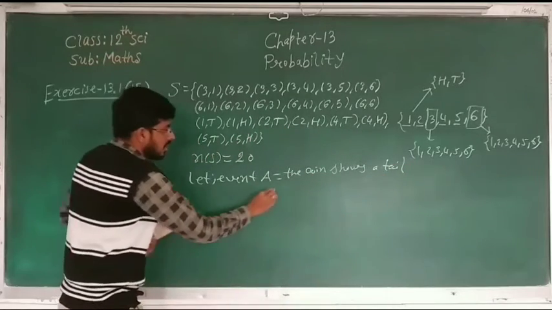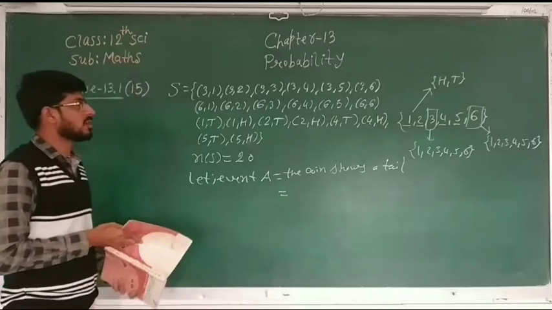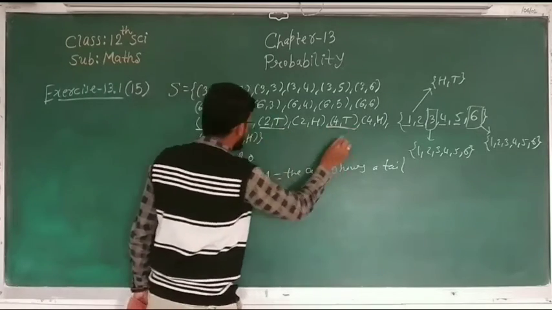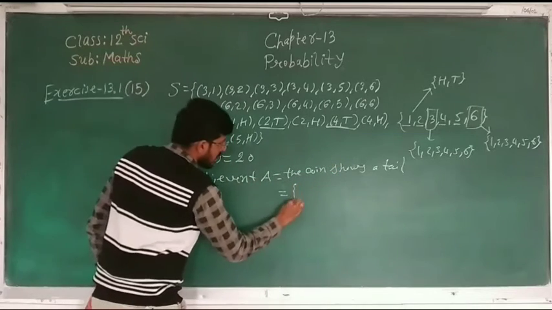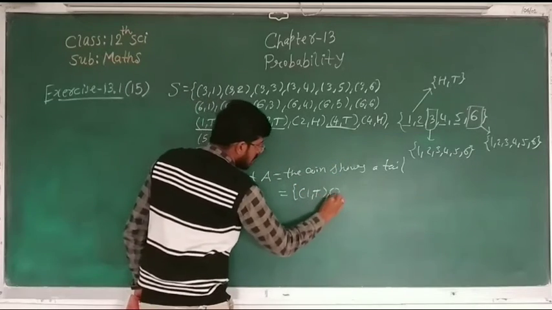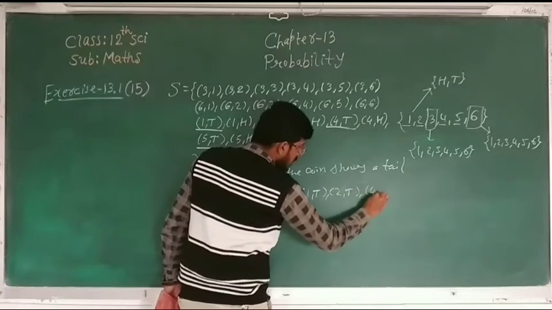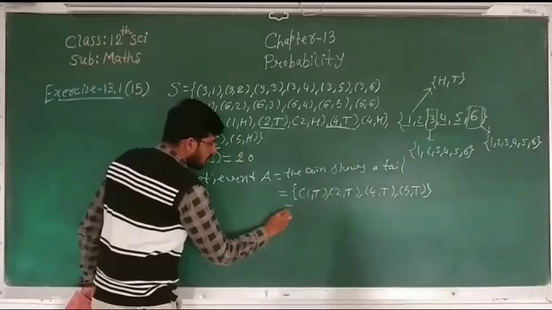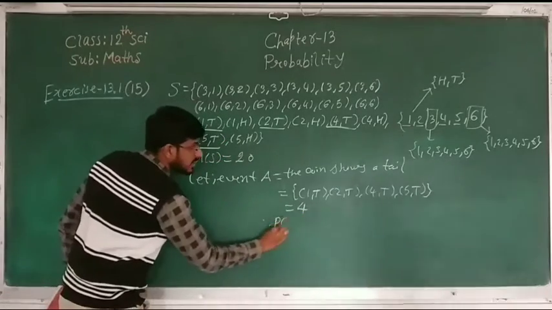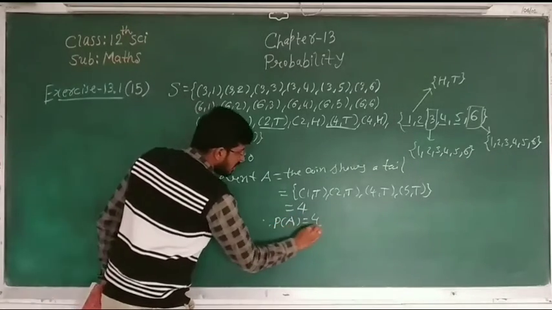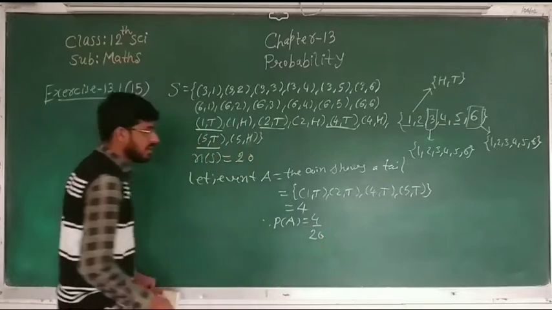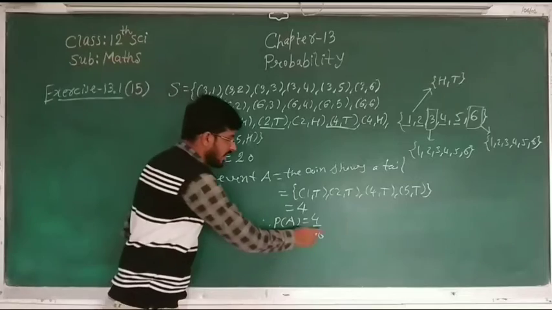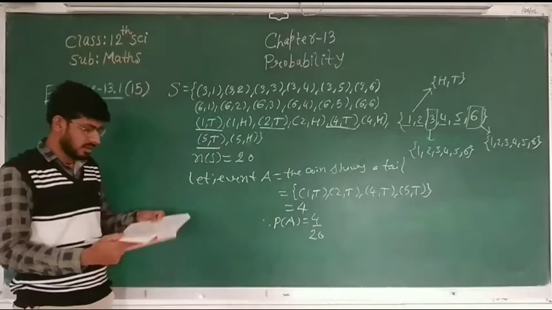So we can write: coin shows a tail means 1T, 2T, 4T and 5T, which is equal to 4. Therefore, P of A is equal to 4 by 20. Here again I will repeat: don't simplify, write it as it is, 4 by 20.